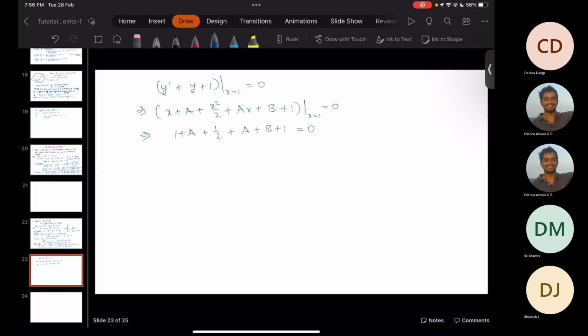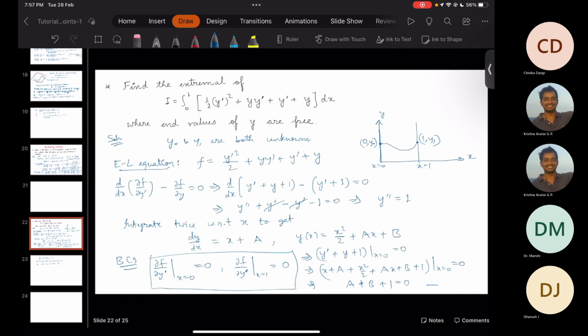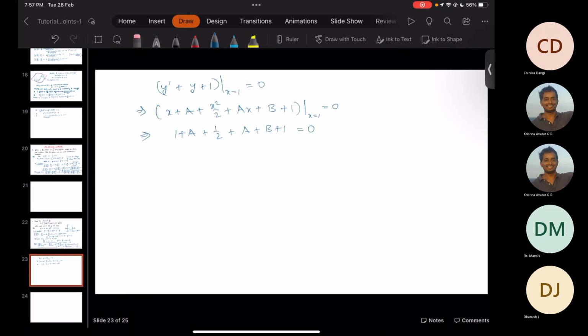And what we see from the previous equation, let's just call it equation 1, and this is equation 2. So from 1, we substitute into 2. In this case, we'll have a plus 3 by 2 is equal to 0. And then this gives us a is equal to minus 3 by 2.